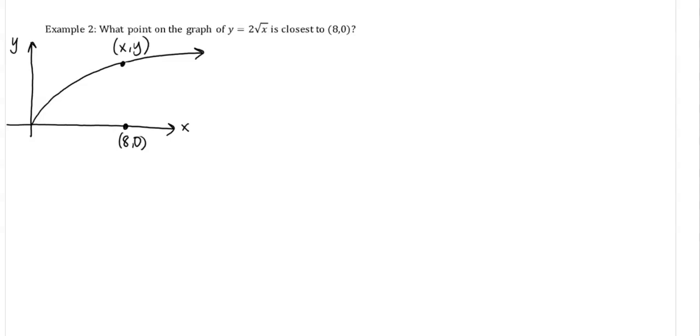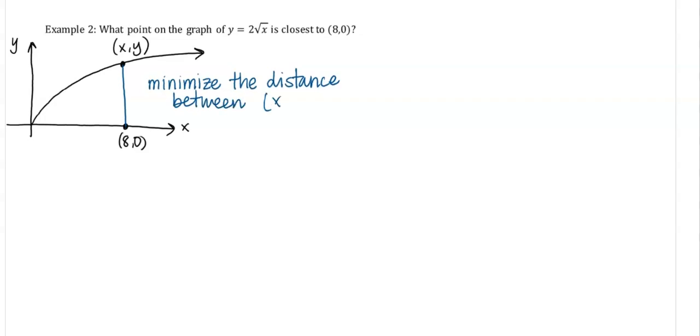And what we want to do is minimize the distance between these 2 points, x, y, which we don't know what that point is, and 8, 0.